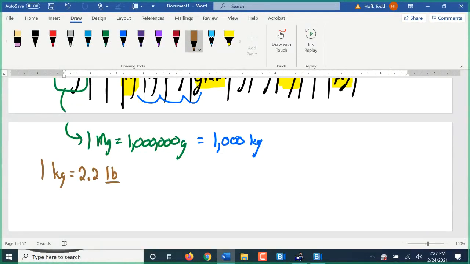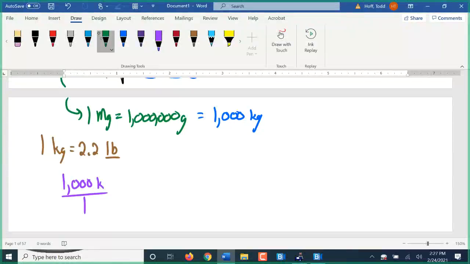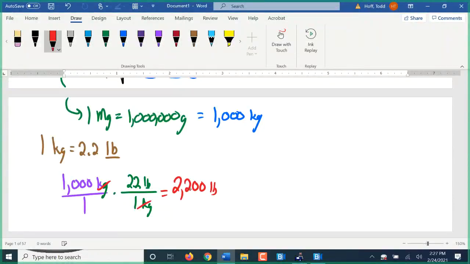Why is that so significant? Well, if I take my 1,000 kilograms, put it over 1 kilogram, 2.2 pounds. Kilograms cancel out. 1,000 times 2.2 pounds is 2,200 pounds.